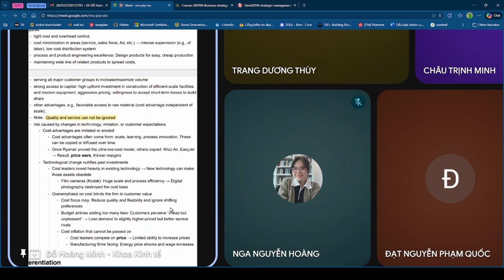And the customer may not get that value. And if your firm is obsessed with cost, they will ignore the quality of the product. And when the quality level is unacceptably low, the customer will leave you, even if your firm has the lowest price.